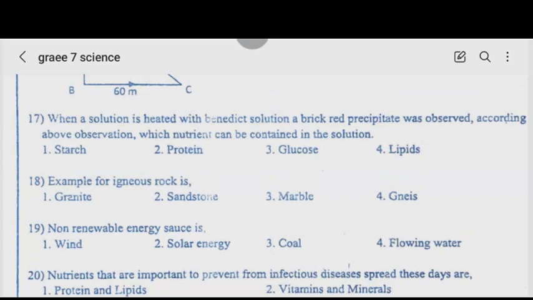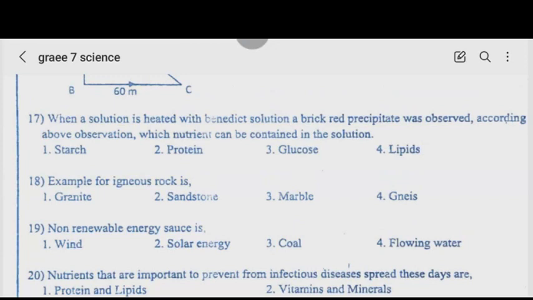Students, we have many nutrients in our food. Starch is another type of food you can take, right? So you have to find whether the starch is there in the food. Just take rice and find whether the starch is in the rice.